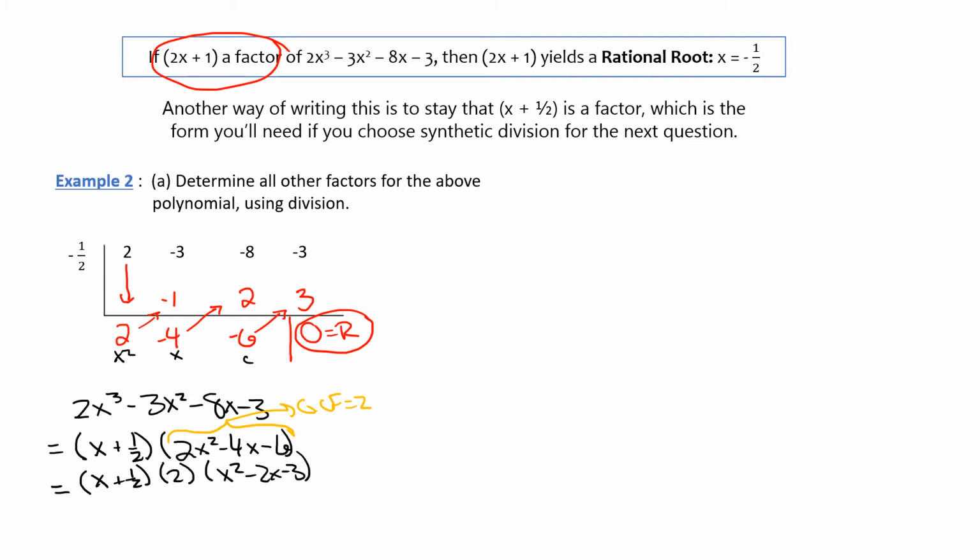So distributing that 2 back in here, I have 2x plus 1, which was the original factor in the very top line of the question. And this trinomial can be factored into x minus 3, x plus 1. This is just a sum and product question.